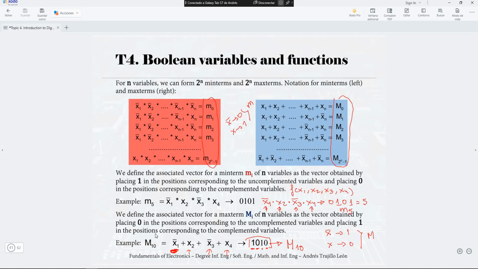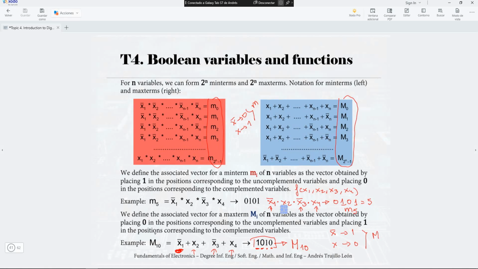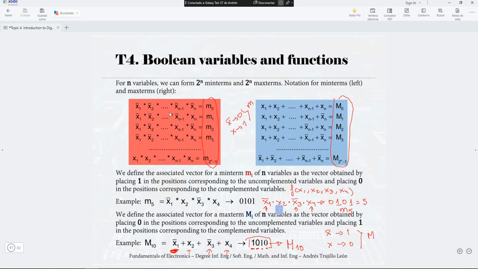So if I tell you now, for example, that we have a three variable function, imagine that we have this function, and I tell you, give me the min term 3.